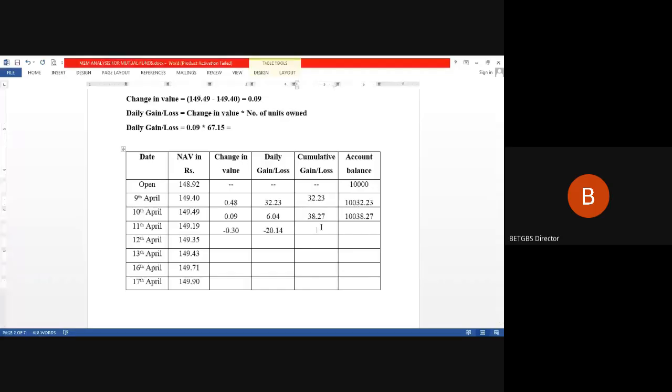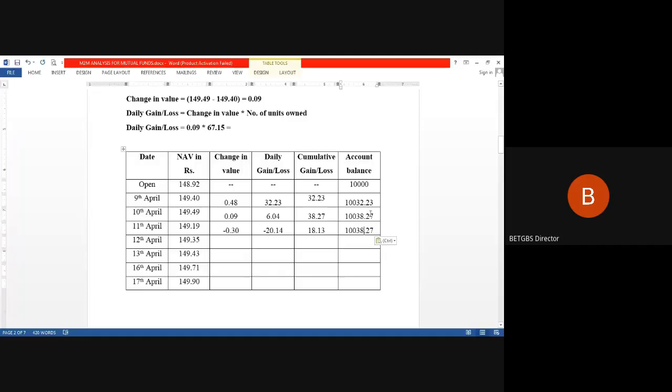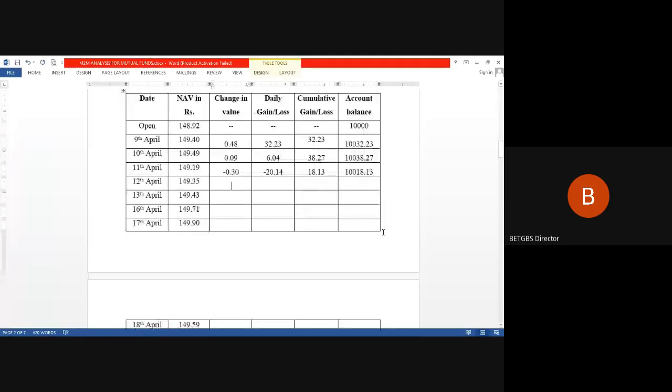Now the cumulative gain and loss will change, because on 11th April we have realized a loss. So it is 38.27 minus 20.14, which is 18.13. Similarly, your account balance will also change, because you have made a loss today. So it will be 10,018.13. That is for the 11th.